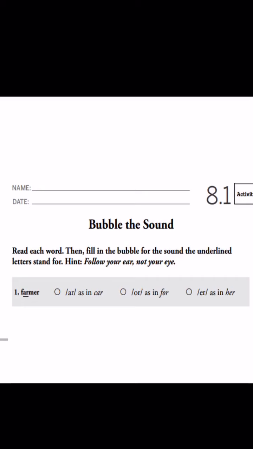Farmer. If you said R, you are correct. R like a pirate, right? So you're going to bubble in that first bubble. R as in car. Okay, the AR in farmer is making the same sound AR is in car.